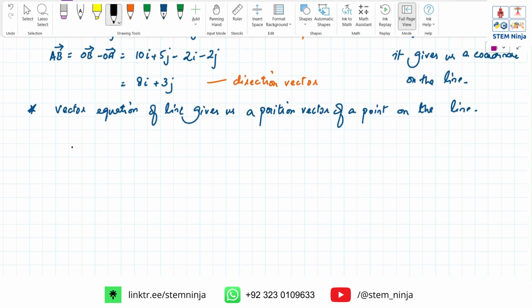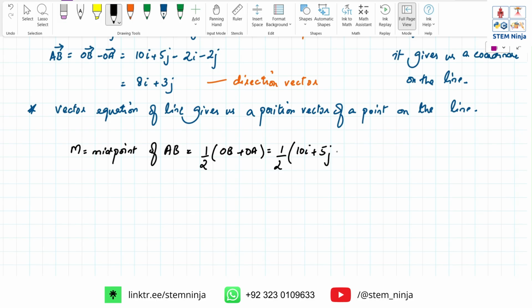Let's say M, which is the midpoint of AB. We learned about this last time. We can do half of OB plus OA. So half of 10i plus 5j plus 2i plus 2j.